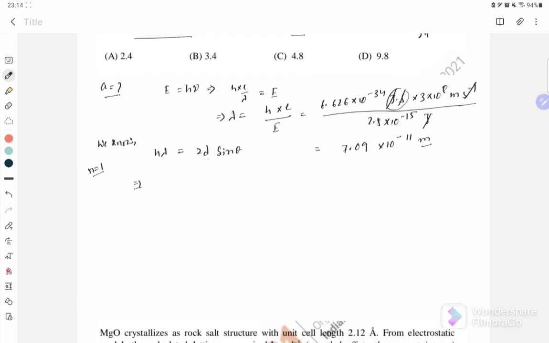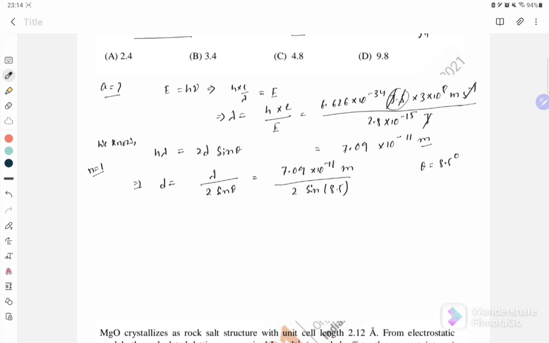So we have to calculate d, which is equal to lambda by 2 sine theta. Lambda is equal to 7.09 into 10 to the power minus 11 meter, divided by 2 into sine of theta, and theta here is 8.5 degree.